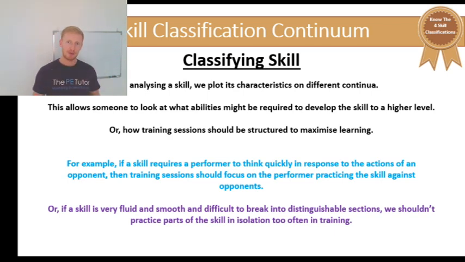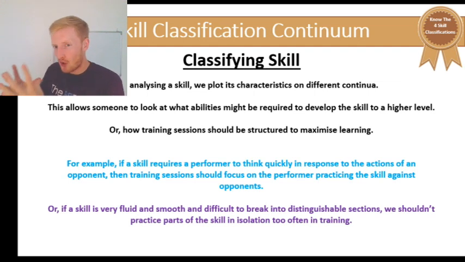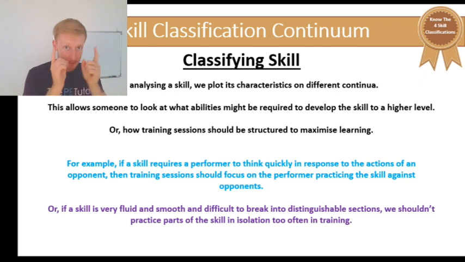Because then we can start to break it down. We can start to compare it to another skill. If we can look at what the nature of a skill is, that can inform our decisions on how to train it or how to teach someone, how to set up the training environment or the learning environment to better suit the person trying to learn the skill.